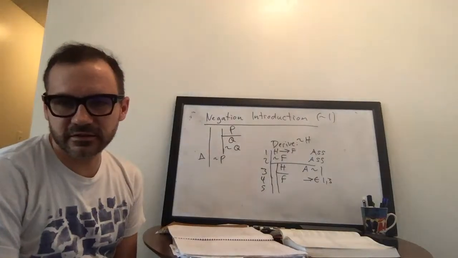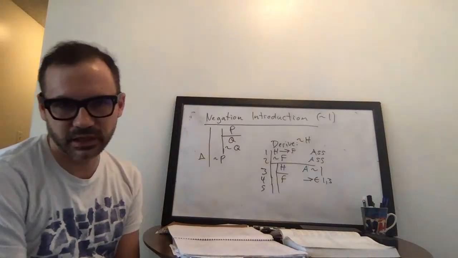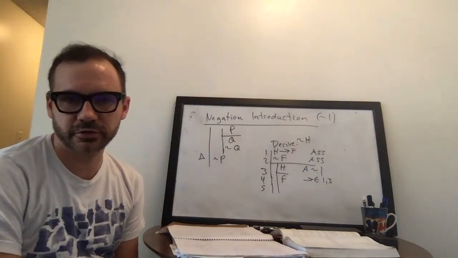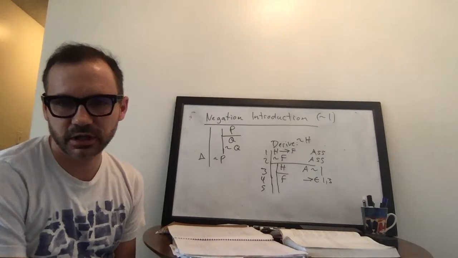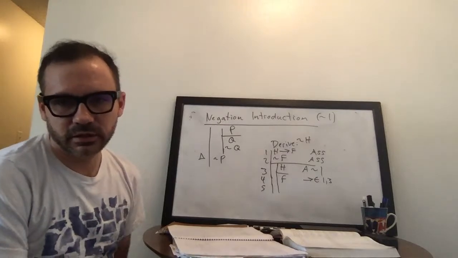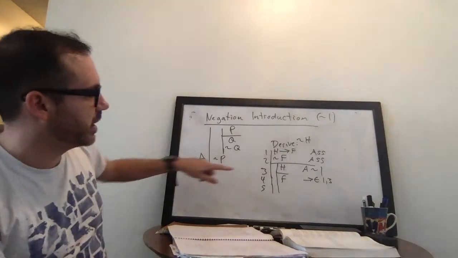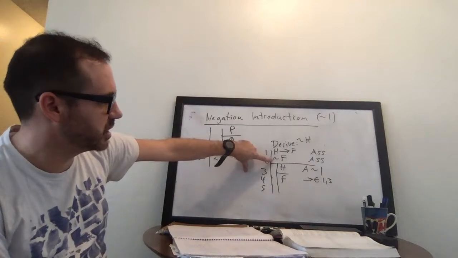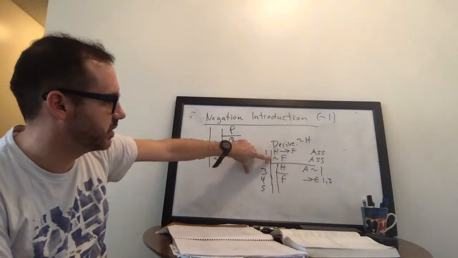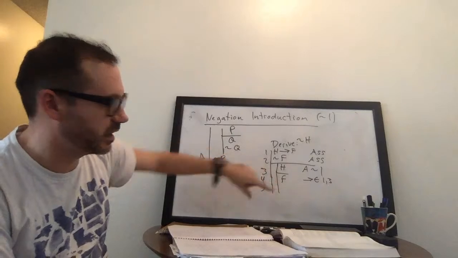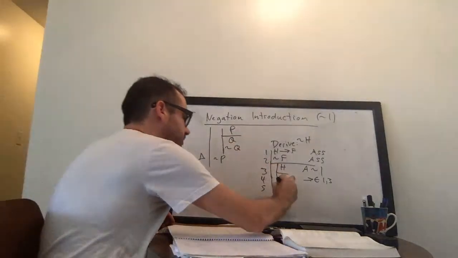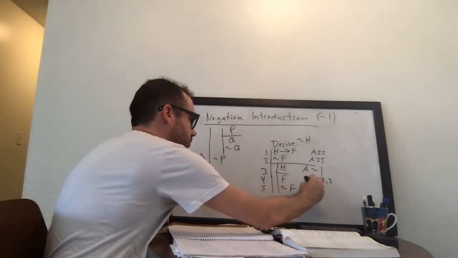Well, what's next on line 5, in order to follow the rule structure of negation introduction? Correct, Arlene. Let's write tilde F. Why? Well, it comes from line 2, which already says tilde F. We just need that to appear inside of the scope down here. So tilde F is reiteration of line 2.